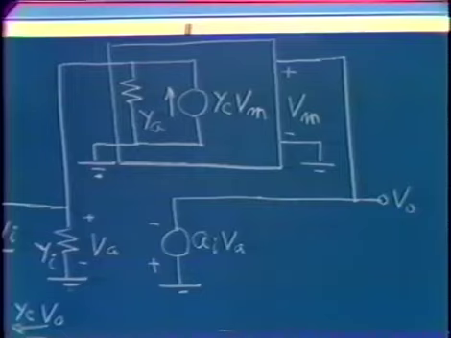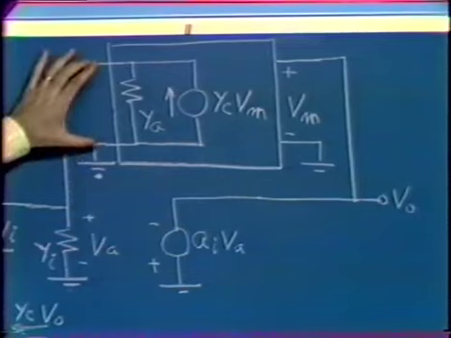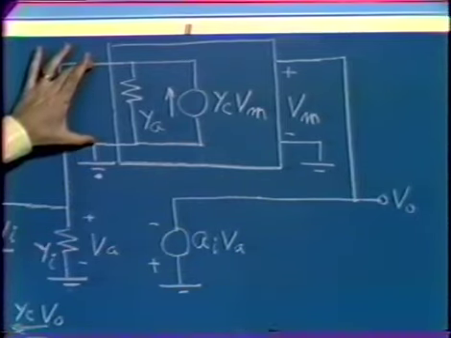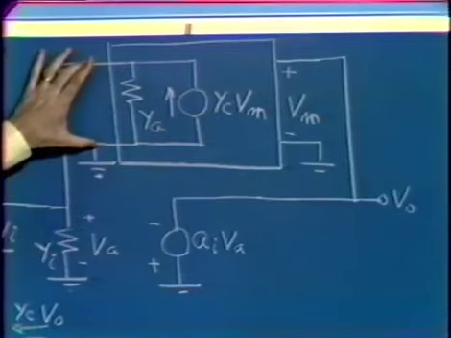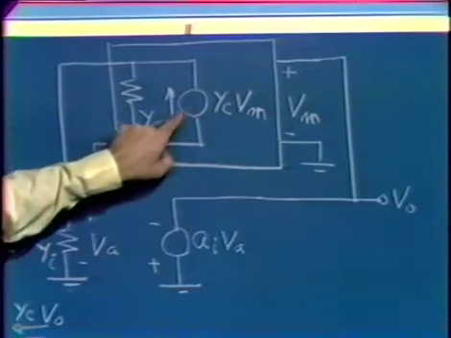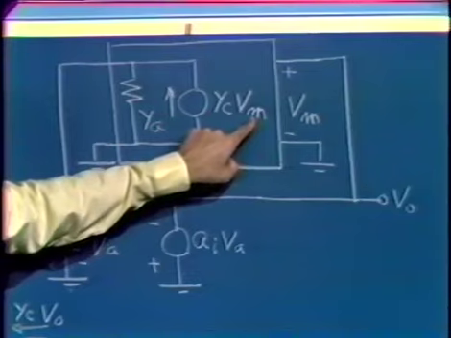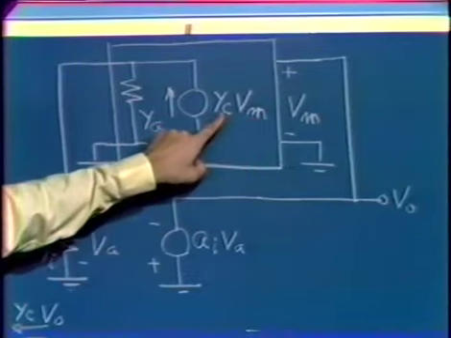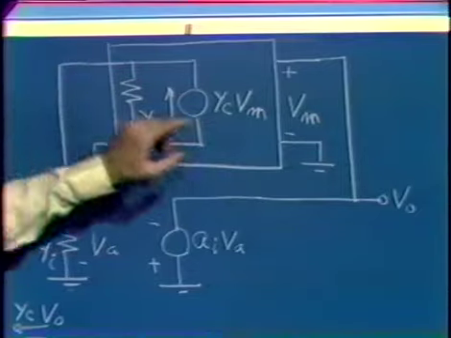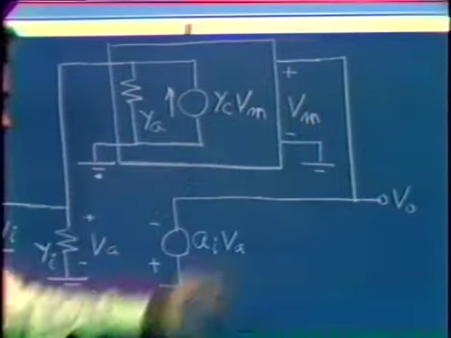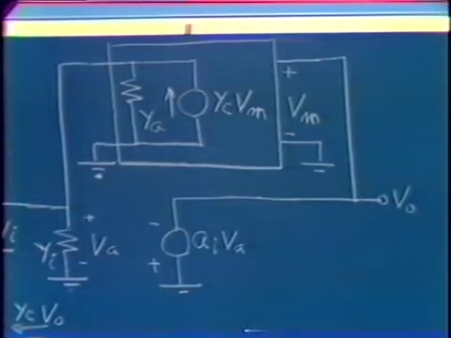Of course, to evaluate the quantity Y sub C, we'd perform an experiment where we'd incrementally short this port of the two-port and then measure the relationship between that short-circuit current and the voltage V sub n. We'd find that Y sub C was simply the ratio of the short-circuit current to the voltage applied to this port of the network.